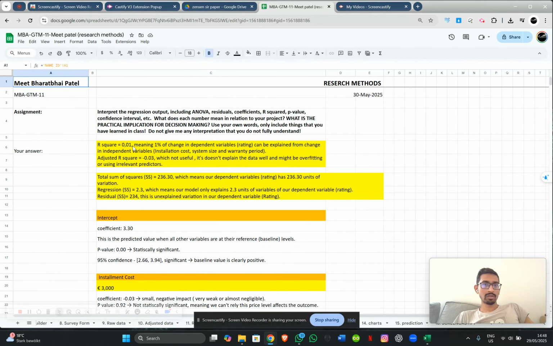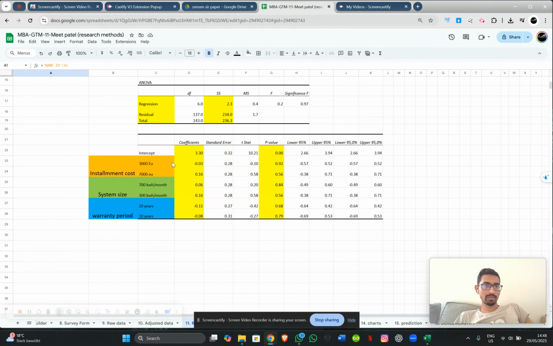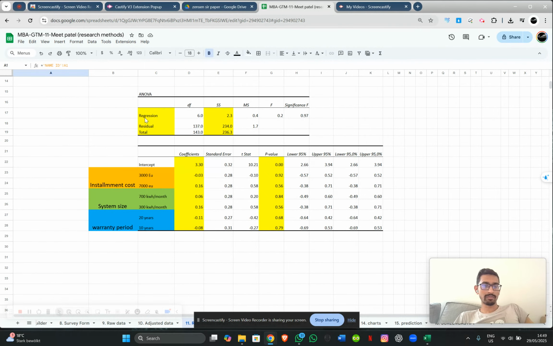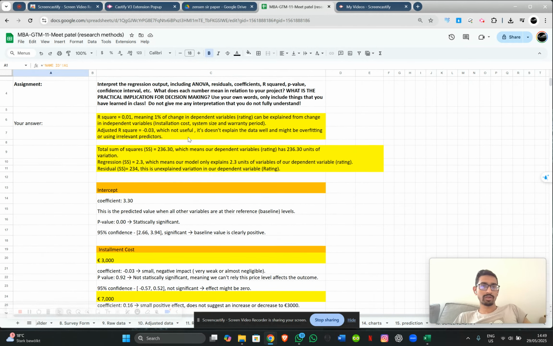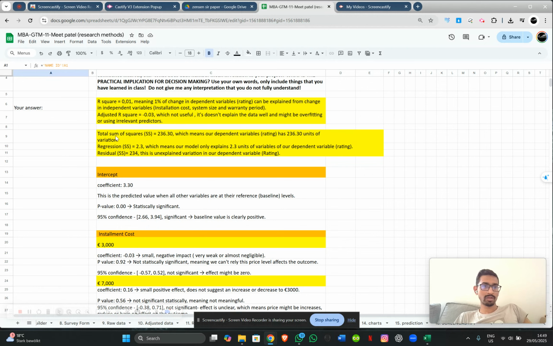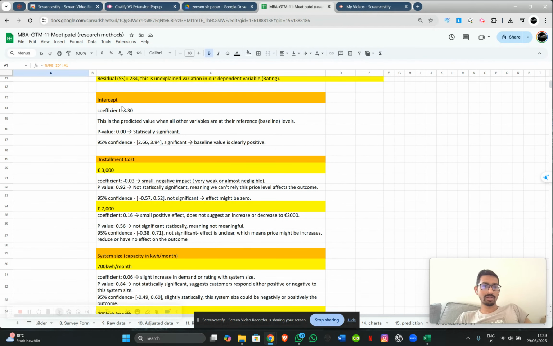Here you can see the yellow lines, which is the detailed description for my project and what I chose. The intercept coefficient is 3.30, like the predicted value for the other variables.